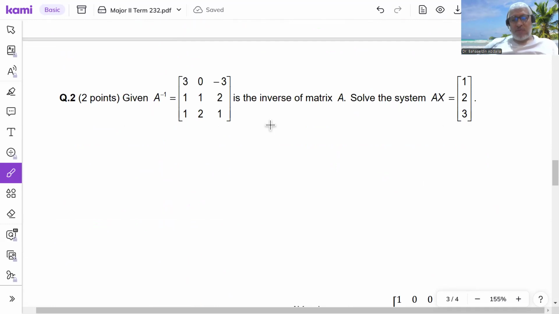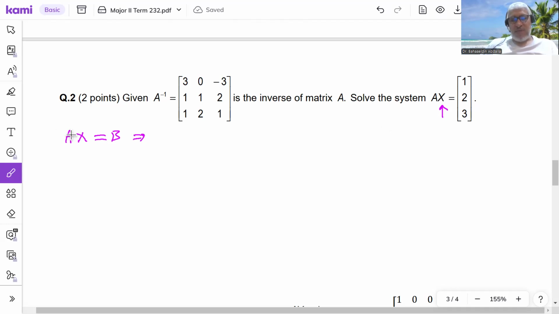Given A inverse is the inverse of the matrix A, solve this system. Solve this system means find the matrix X. So this is a system written in the form AX equals B. And to solve this system, we multiply by A inverse from the left.